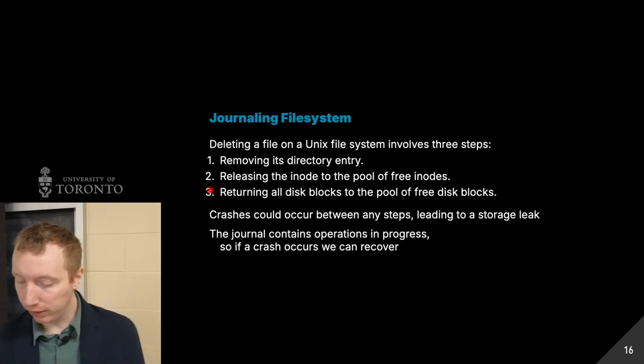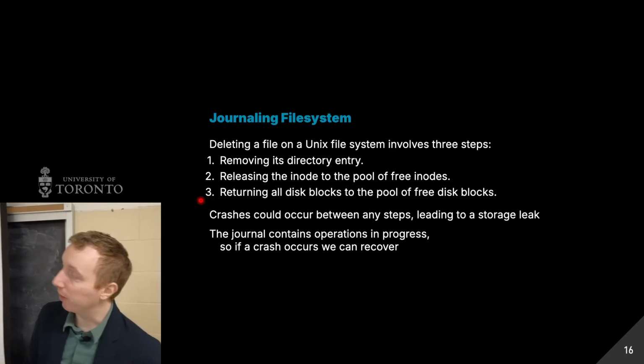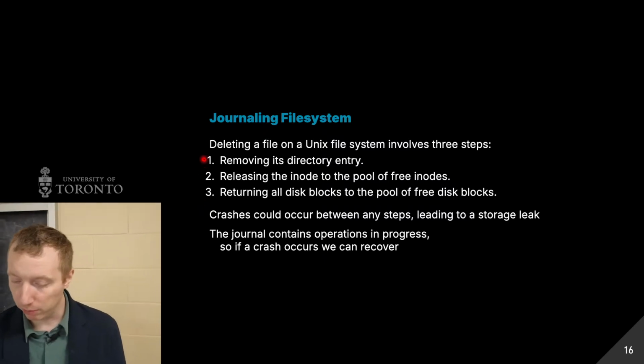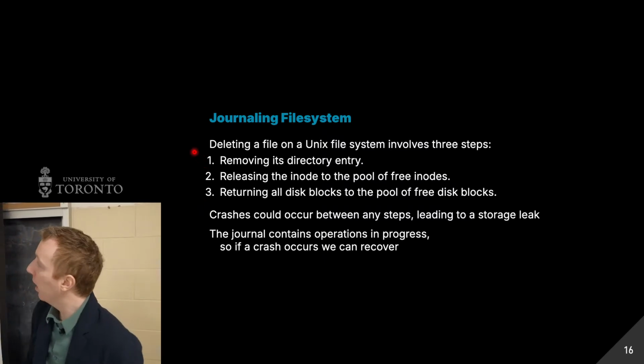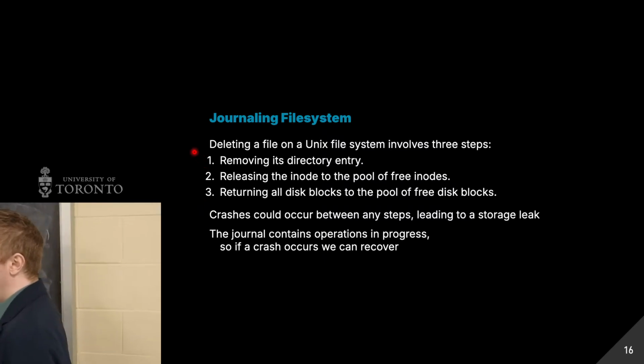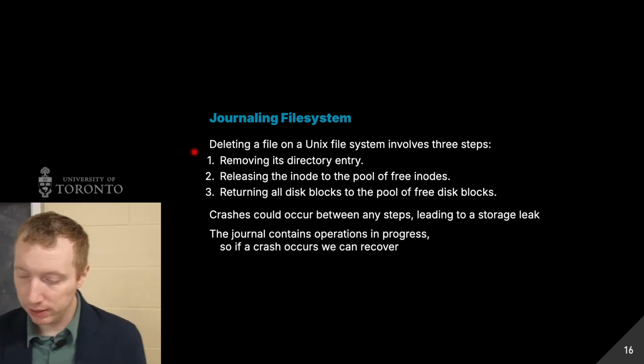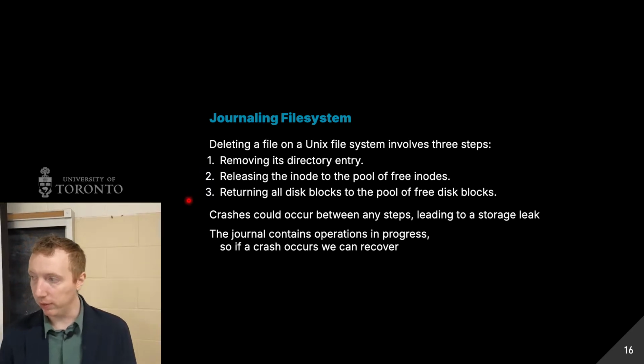But if you have a journaling file system, basically what the journal will do is, before starting these operations, it will just record what it is doing. So it'll be like, I'm going to delete a file, then write it to disk before it starts deleting the file, and then it will start doing the 3 steps.